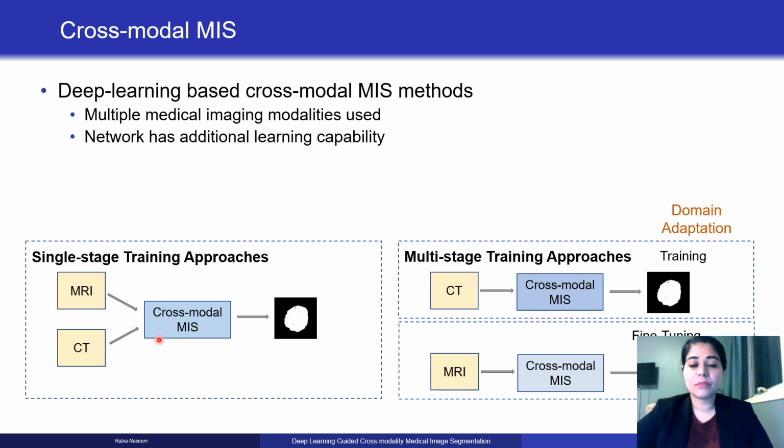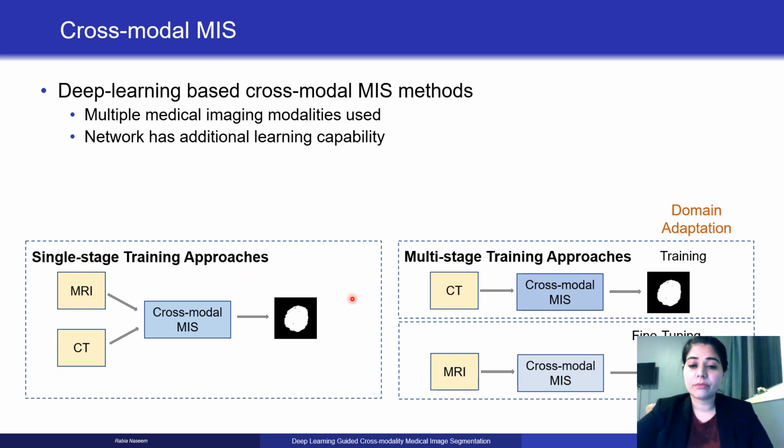Cross-modal medical image segmentation approaches with reference to deep learning can be grouped into two types. The approaches which take two modalities or multiple modalities, and the network is trained simultaneously on both modalities, are called single-stage training approaches.